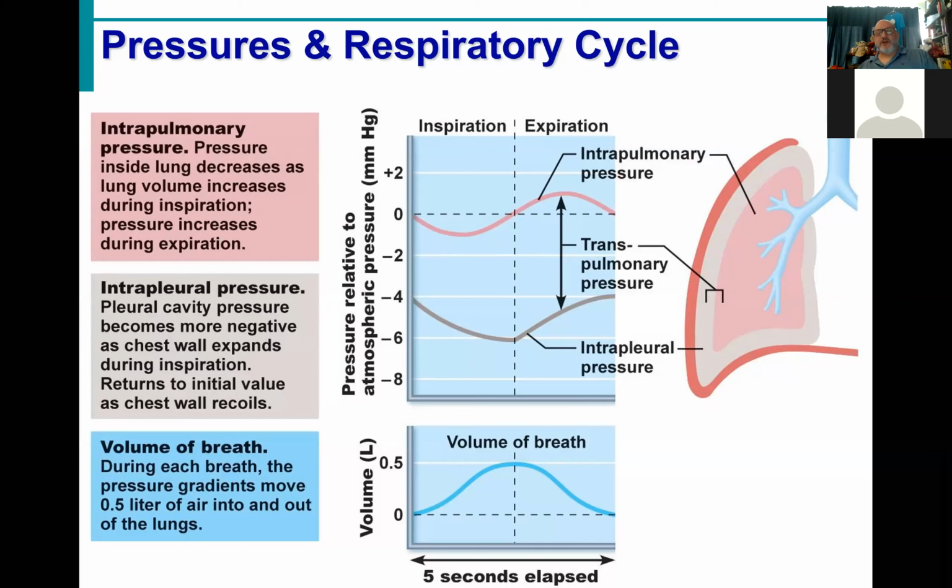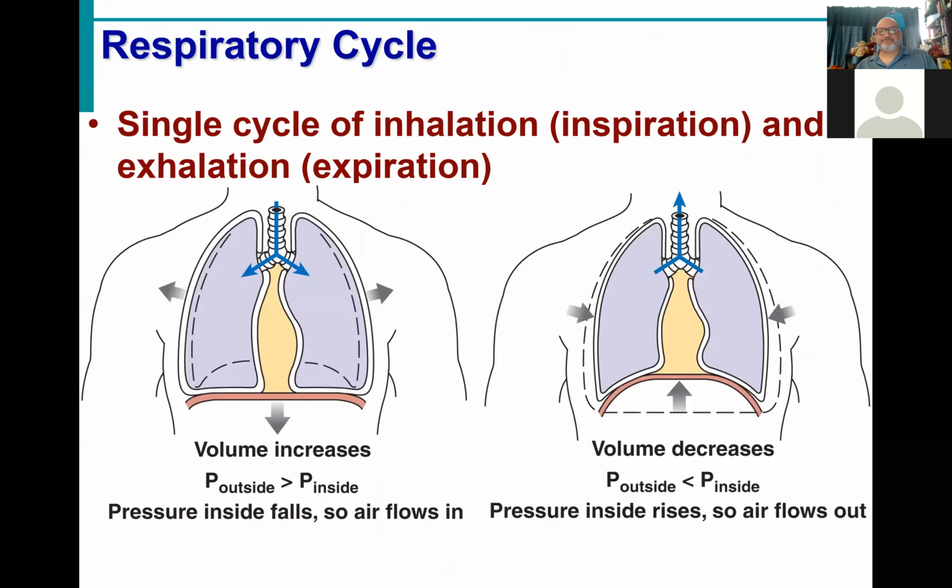So we left off last time talking about the pressures involved in the thoracic cavity and how they change during a single respiratory cycle. As we mentioned, the respiratory cycle is caused by an increase and decrease in volume, and those volume changes cause pressure changes that make the air move in and out.